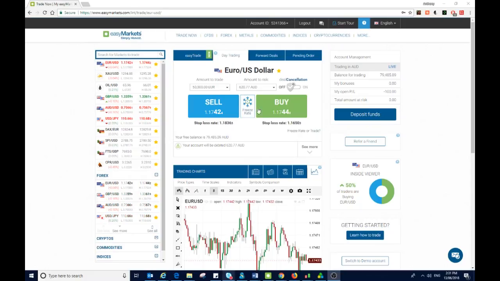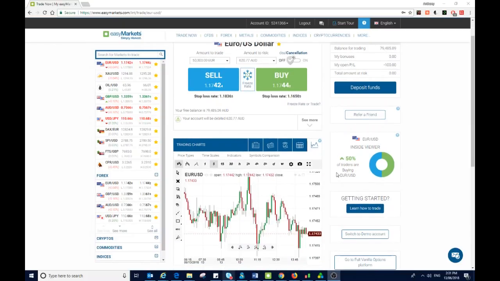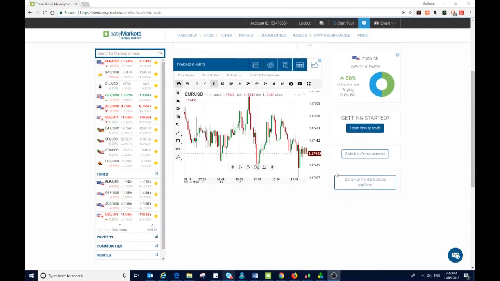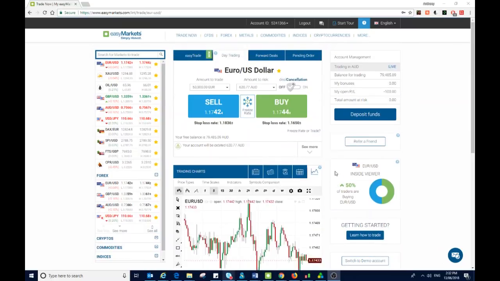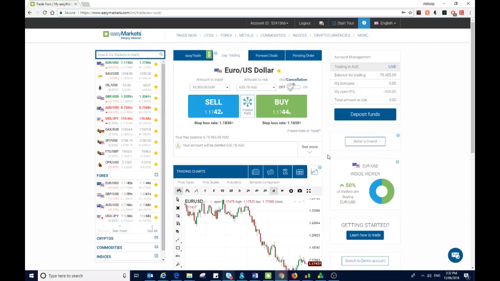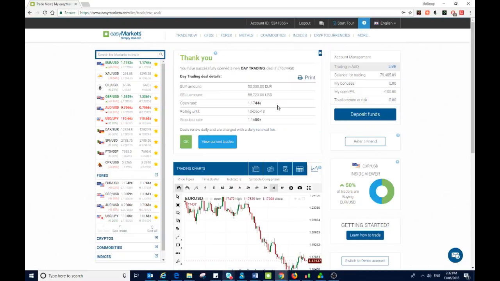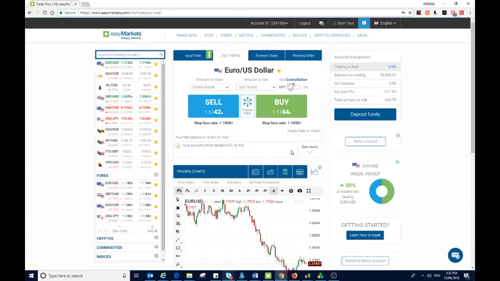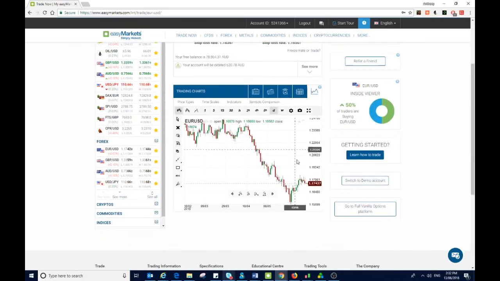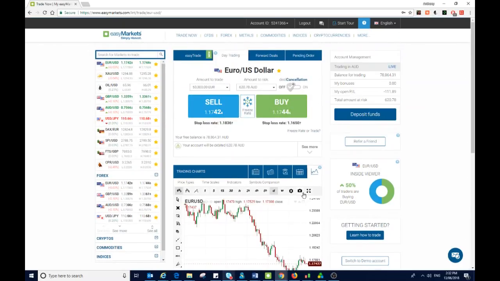So if you're looking down below here on the charts, if you're talking about how big is this trade, well, if you were to buy this particular product and the market was to go to a stop loss of 116.50, which is down here, you would lose 620 Aussie dollars.